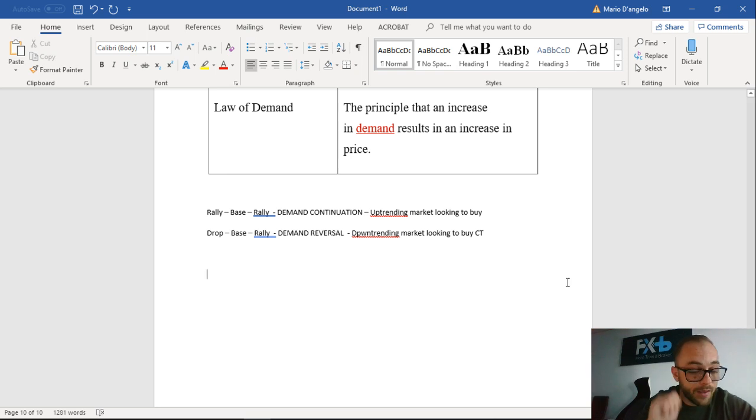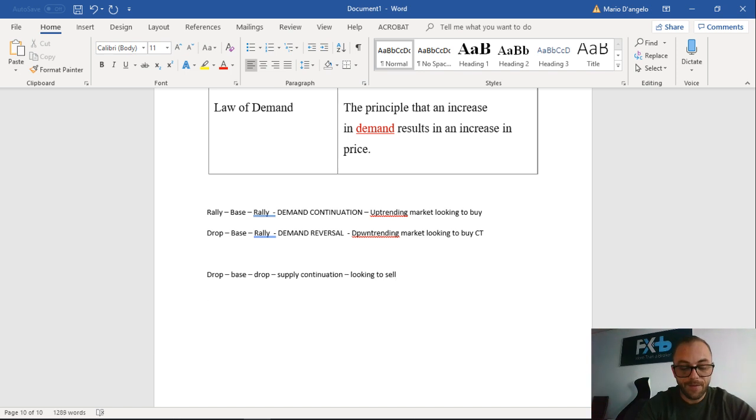And then supply, where we have drop, base, drop, where we are in a supply continuation, looking to sell.